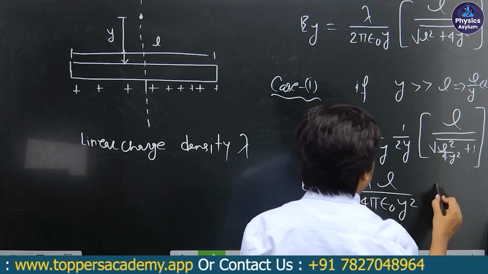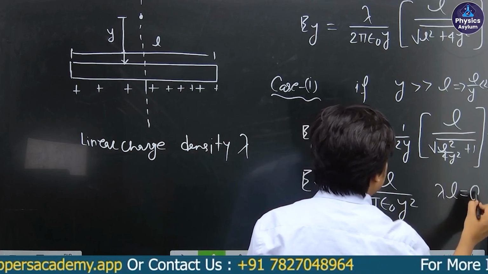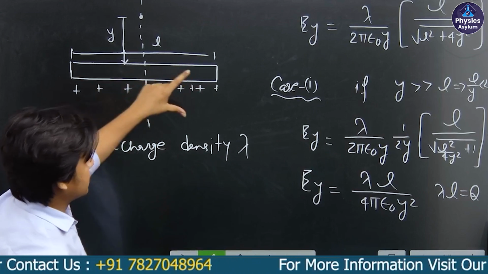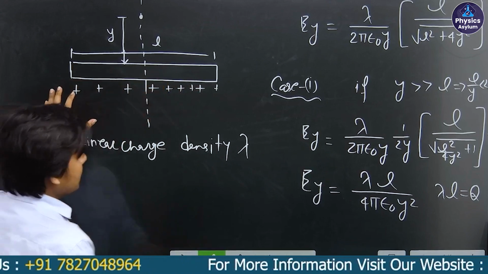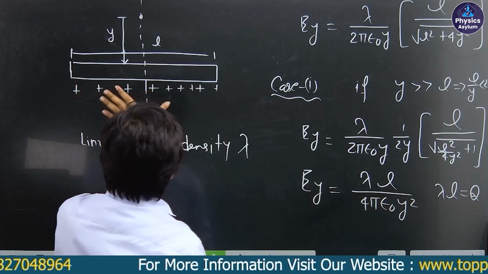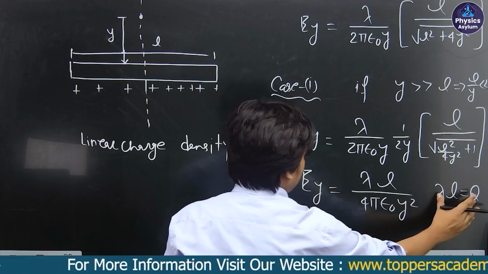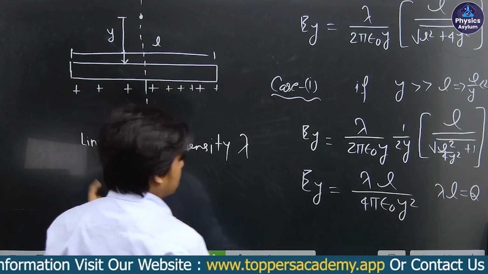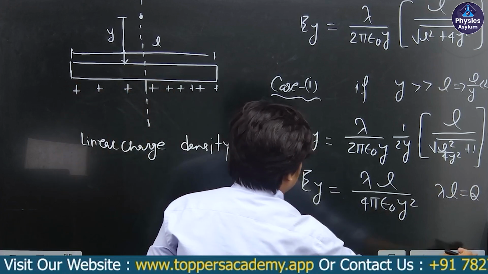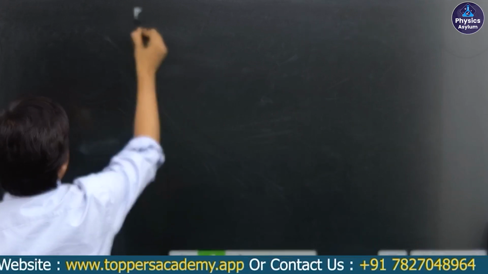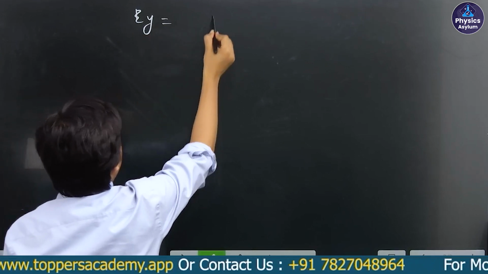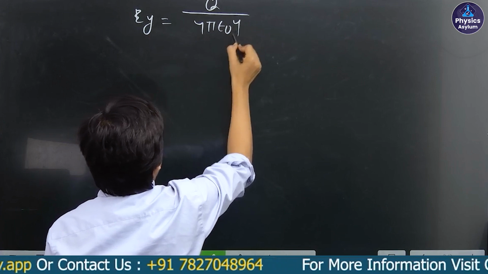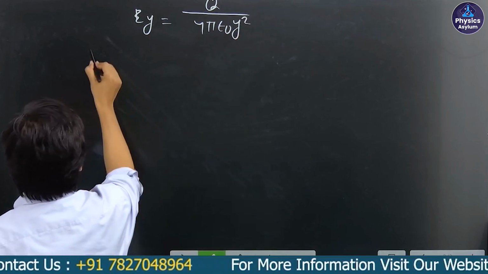And I can write this lambda L as Q, that is the total charge uniformly distributed over this rod. Okay, if I multiply this lambda by the length of the rod, then that will be the total charge spread on this rod. Then Ey will be equal to Q divided by 4 pi epsilon naught y square. So what does that mean?